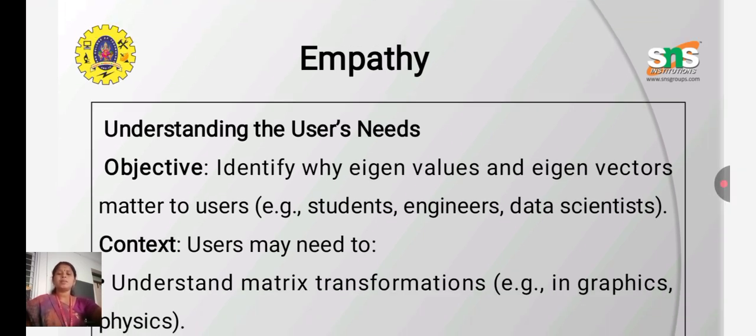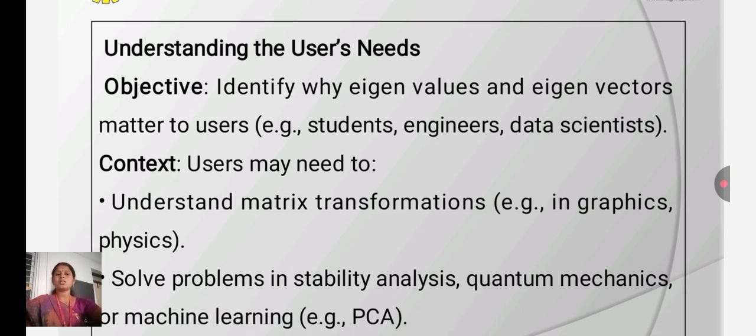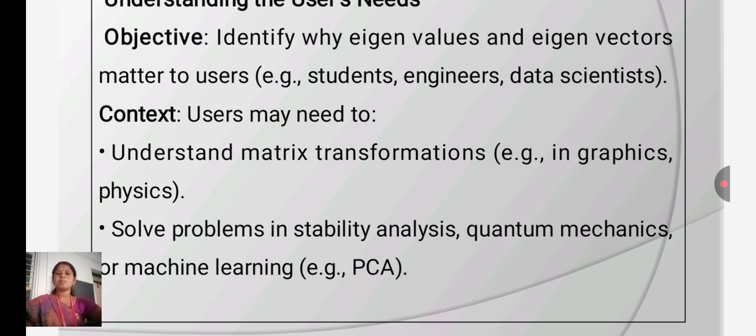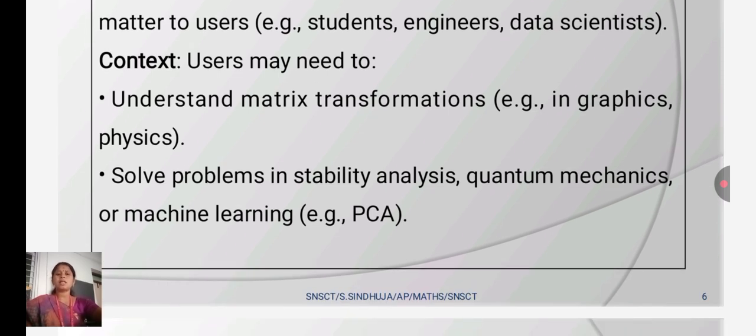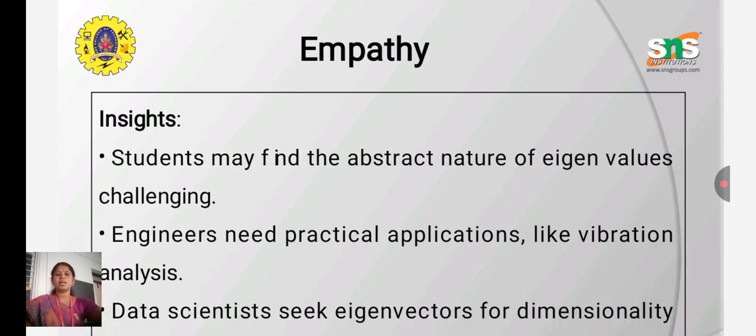The objective is to identify why eigenvalues and eigenvectors matter to users, that is students, engineers, data scientists. Users may need to understand matrix transformations, that is in graphics, physics and so on, or solve problems in stability analysis, quantum mechanics or machine learning, that is PCA.